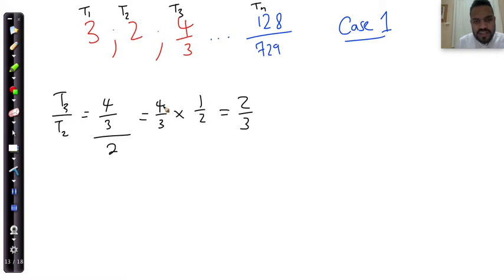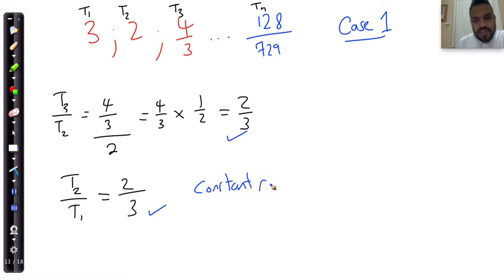If you're unsure about this, just do it on the calculator for now, if you're allowed calculators in your examination. So let me take T2 divided by T1. T2 is simply 2, and T1 is simply 3. And now I've got that, and I've got that, and I notice that there is a constant ratio. So clearly the sequence is geometric.